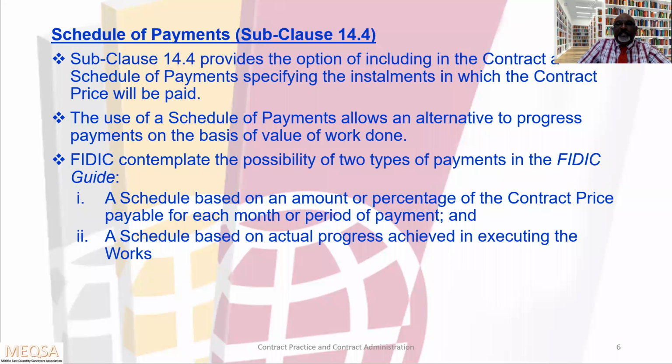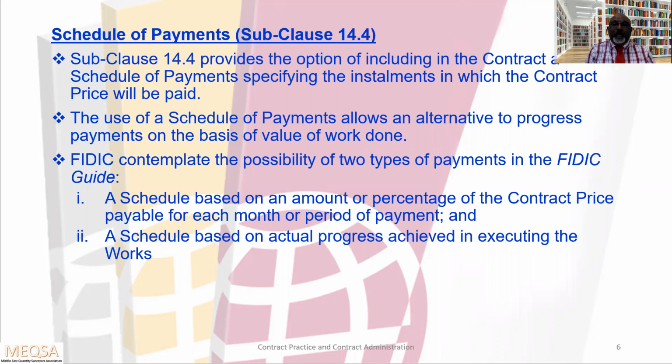Schedule of payment. Subclause 14.4 provides the option of including in the contract a schedule of payment specifying the installments in which the contract price will be paid. The use of a schedule of payment allows an alternative to progress payment on the basis of value of work done, for milestone payments.